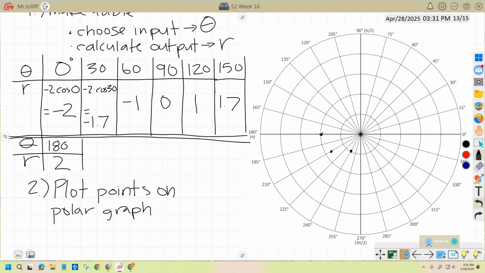So that's a point at the origin. The rest are positive, they're less scary. So at 120, I'm at 1. At 150, I'm at 1.7. And at 180, I'm back at 2.